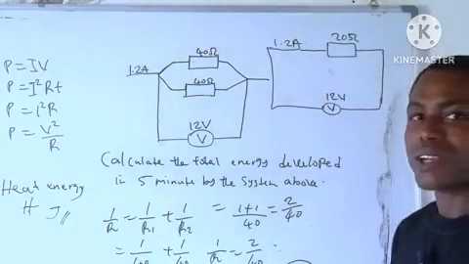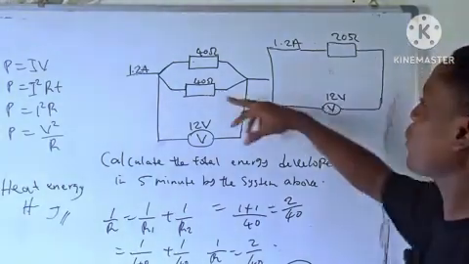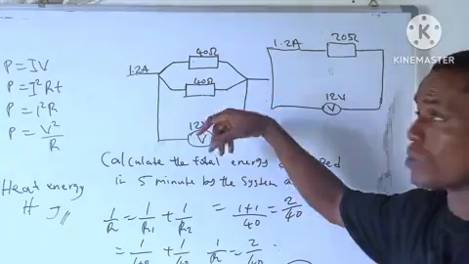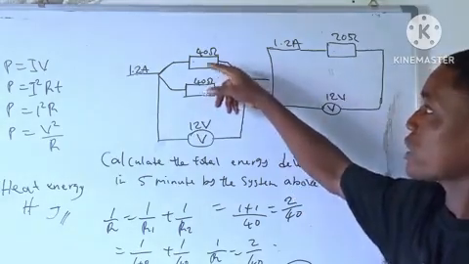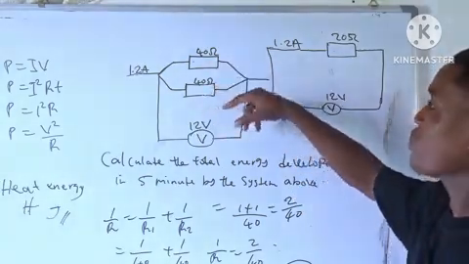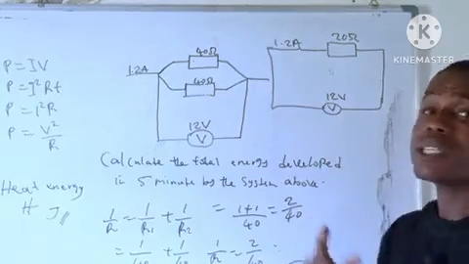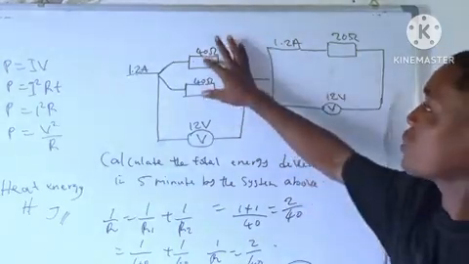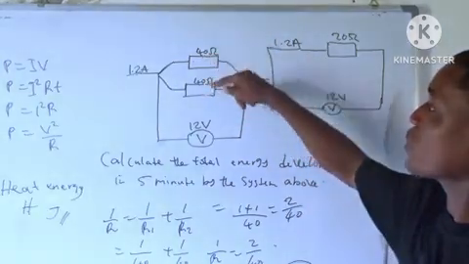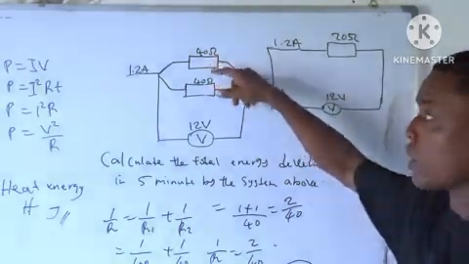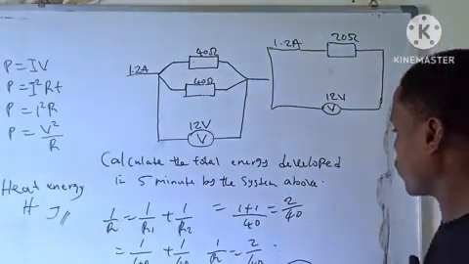So are you getting it now? Are you getting it? So this diagram, we have two resistors here before now, so that's why these two circuits are here. The reason we have these two circuits is because we have two resistors here. That's why. Are you getting it? So now we are having only one here.